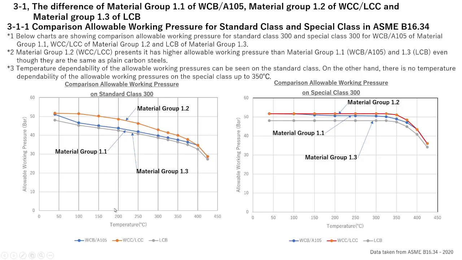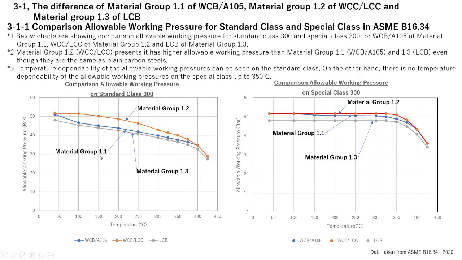In the chart, the horizontal axis indicates the temperature in degrees Celsius, and the vertical axis indicates the allowable working pressure in bar.